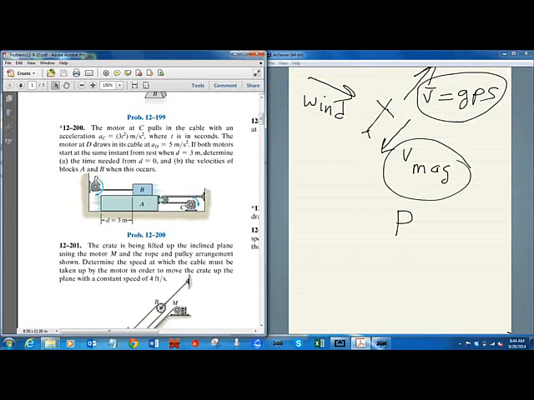The other ones are like the guy rowing the rowboat. What is the answer?